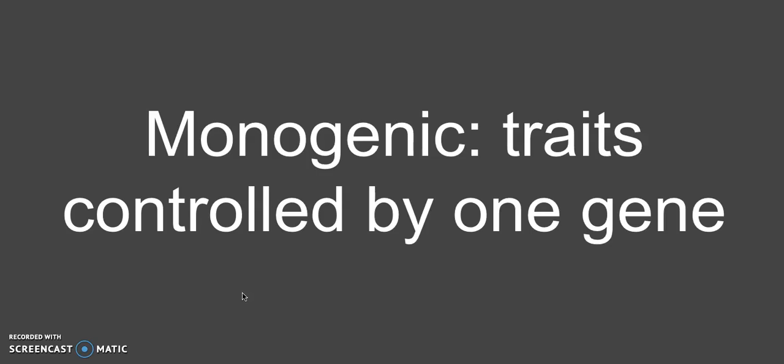Most genes are not monogenic. Most genes are polygenic. So mono, as you may know, means one gene. So one gene determines the outcome. Other genes are polygenic, which means that a trait is controlled by many, many genes.